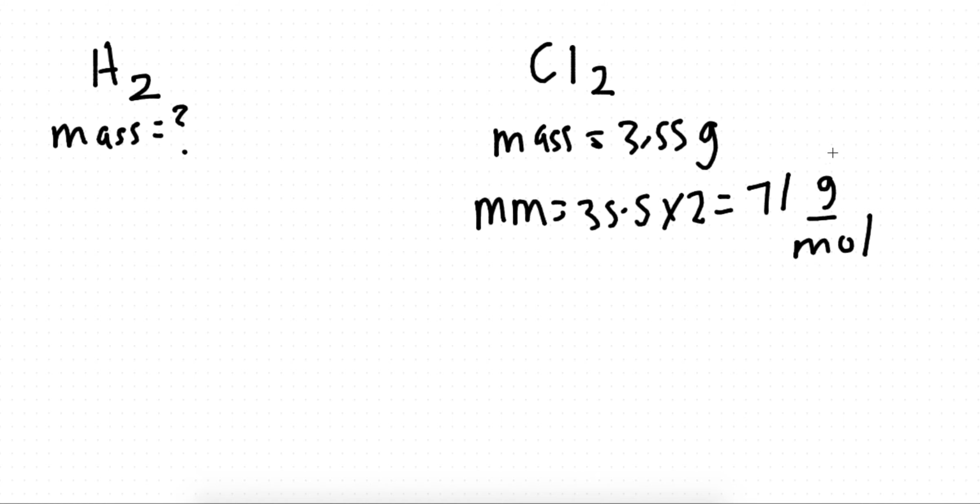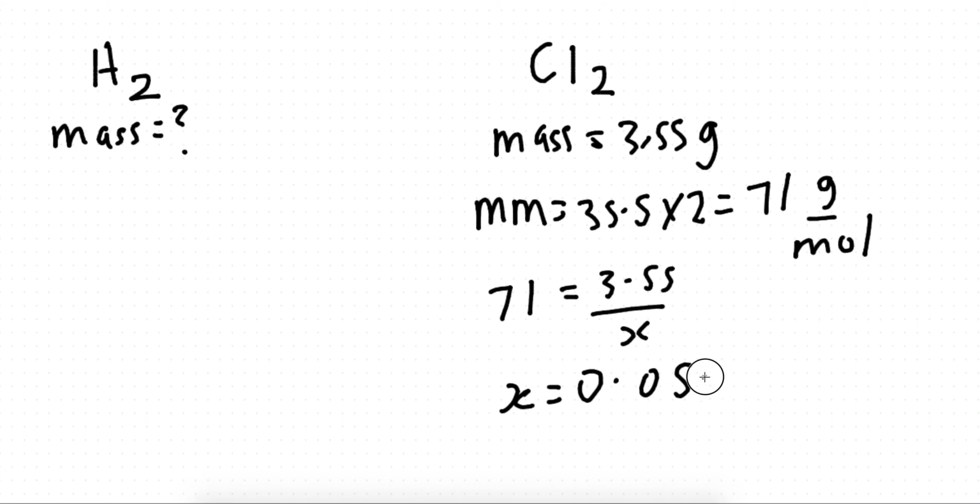Can we get the number of moles of chlorine gas? Yes. 71 equals 3.55 over x. X equals 3.55 over 71, which equals 0.05 mole. Now we found the number of moles of chlorine gas. In the question it says the mass of hydrogen gas that has twice. That means the hydrogen gas is going to have 2 times the mole.